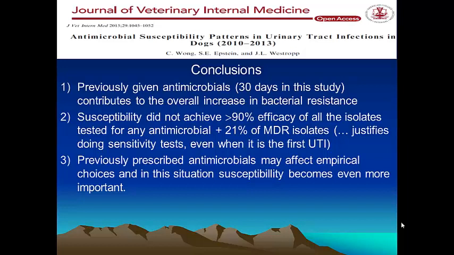So as you can imagine, the fact that no one antimicrobial will kill all the pathogens in the population, combined with the great percent of multi-drug resistant organisms, 21% in the uncomplicated dogs. That's probably more than enough grounds, beyond any reasonable doubt, as any lawyer would say, to do a sensitivity test in any dog, even if it is the first time that you're going to treat it.